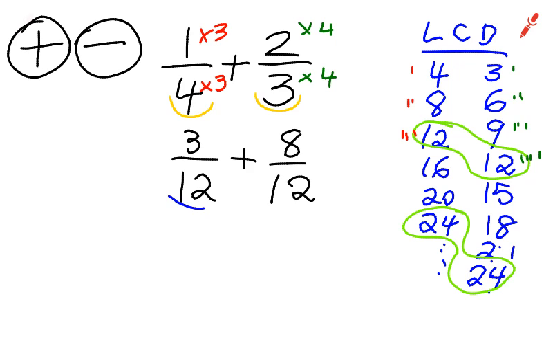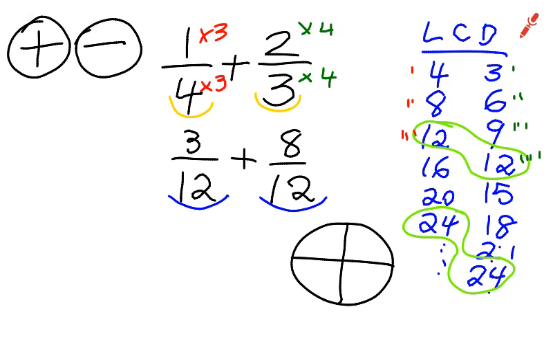What's happening now? Both bottom numbers, or denominators, are matching. We are talking about size 12. If I could draw nicely here, I would have 12 equal parts, pretending they were exactly the same size.